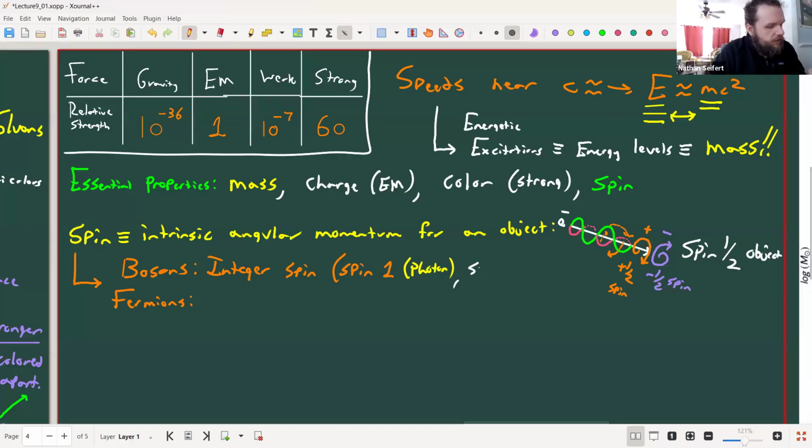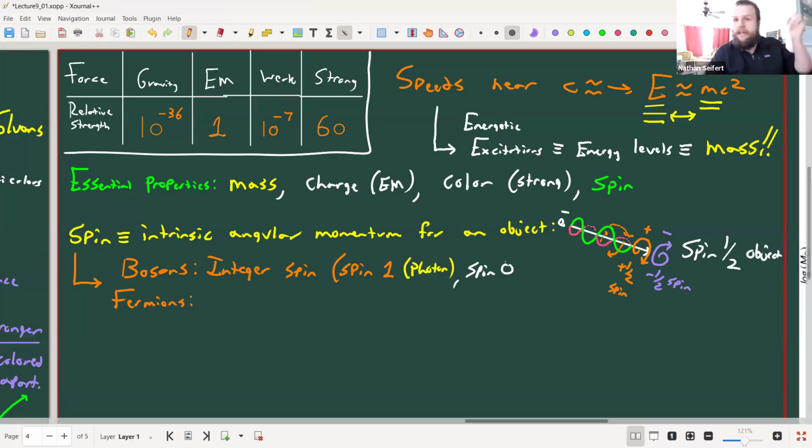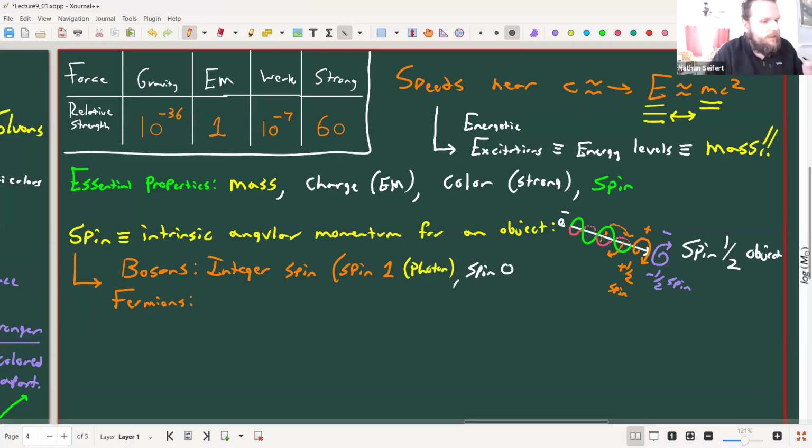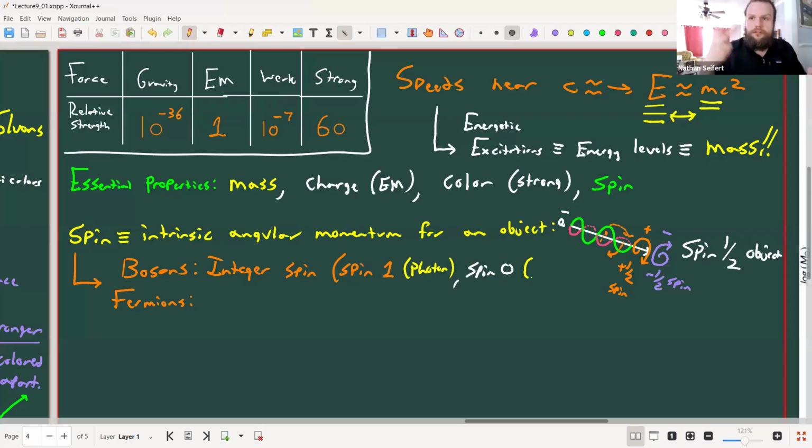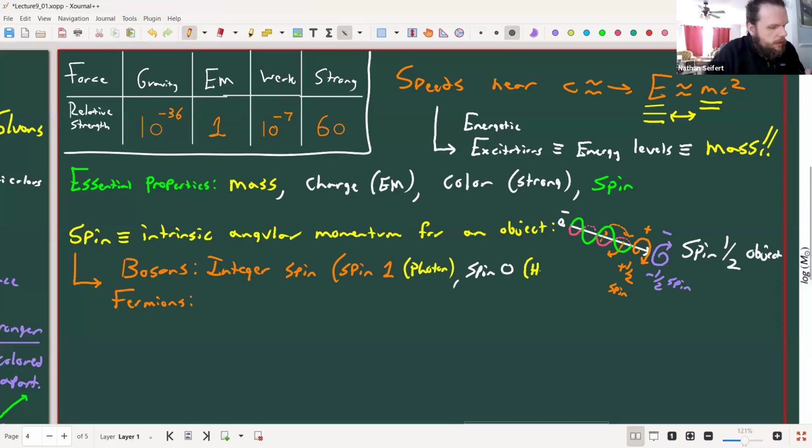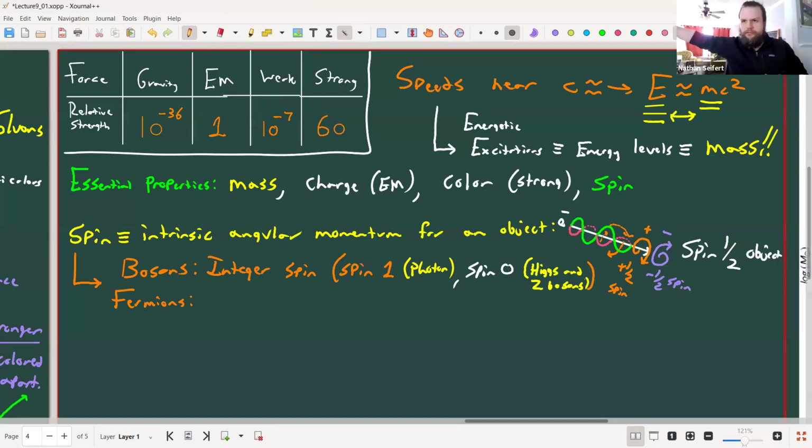They can also be spin 0, meaning they have no angular momentum ever. There's only one object in the known universe that has this. There's two. The Higgs and Z bosons. What that means is they have no spin. They're just like flat waves, if you will, and so on and so forth.